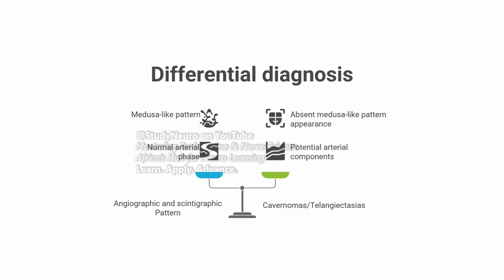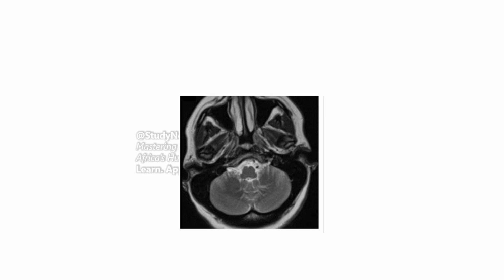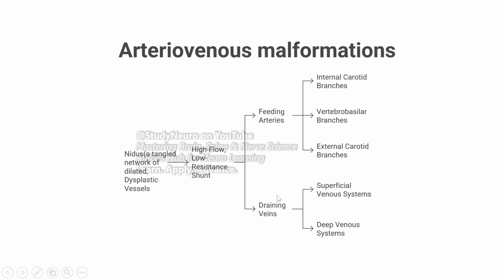Accurate diagnosis requires a comprehensive approach, integrating anatomical details with both angiographic and scintigraphic findings, to reliably distinguish these lesions from other vascular malformations. This is a brain MRI showing the medusa-like pattern of these veins.